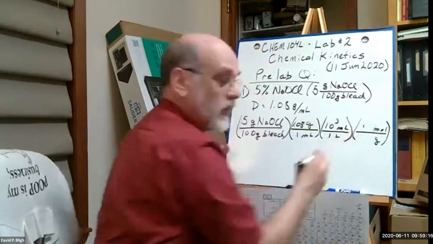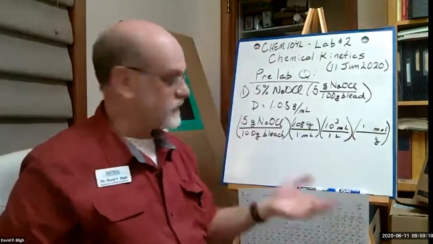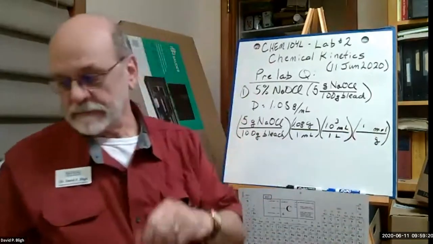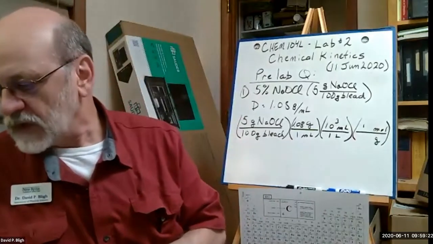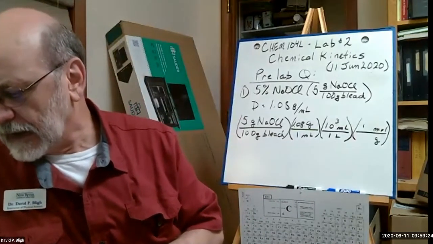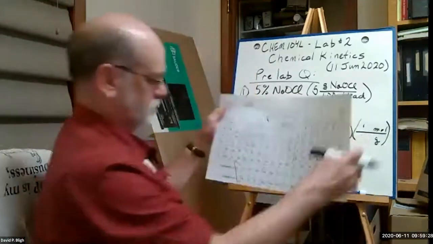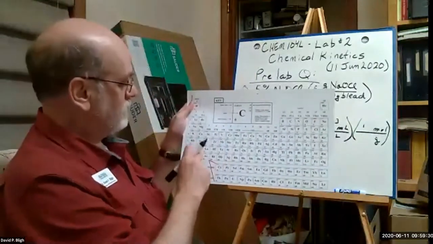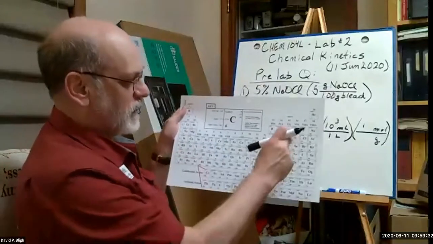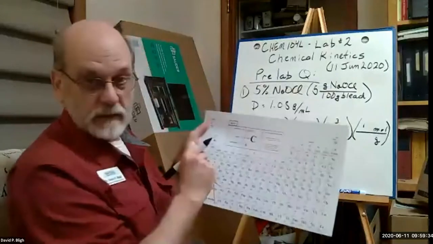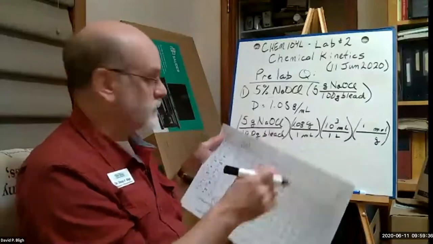right? So we need the molar mass of sodium hypochlorite. Well, you need to go to your periodic table, right, and find sodium, oxygen, and chlorine. And add them together because there's only one of each.